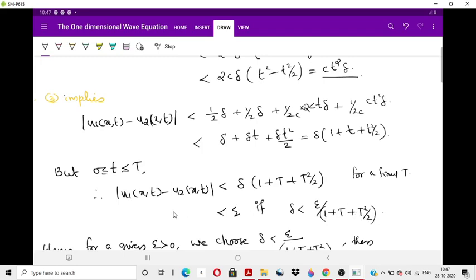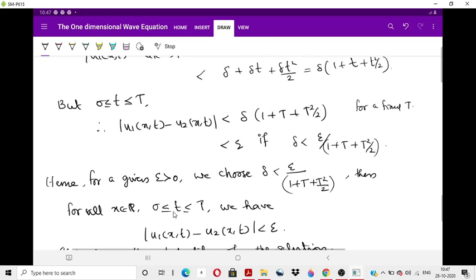That means for a given epsilon greater than 0, we choose delta as a number which is less than epsilon by 1 plus T plus T square by 2 for a fixed capital T. Then for all x belonging to R and 0 less than or equal to t less than or equal to capital T, the difference mod u1 minus u2 will be less than epsilon.